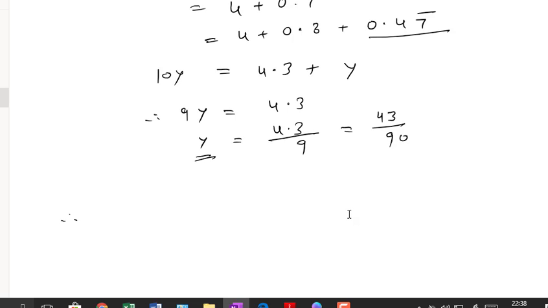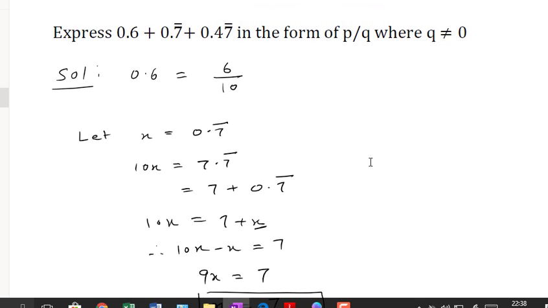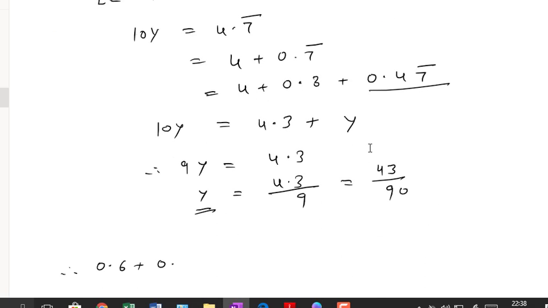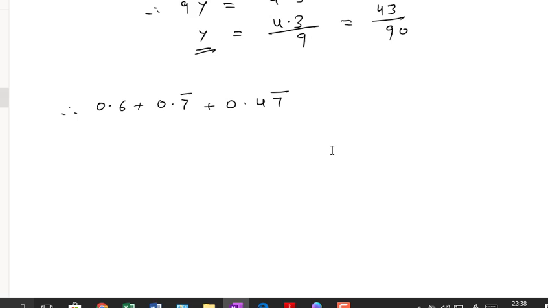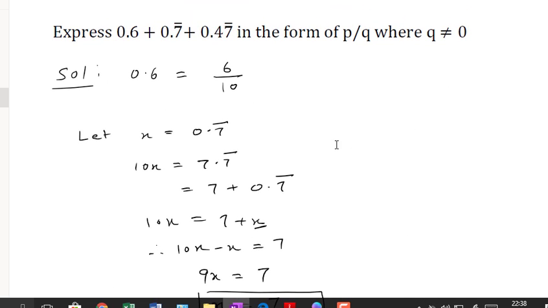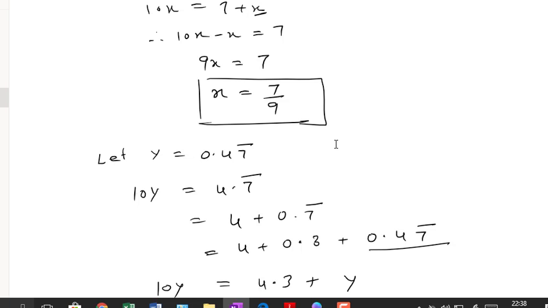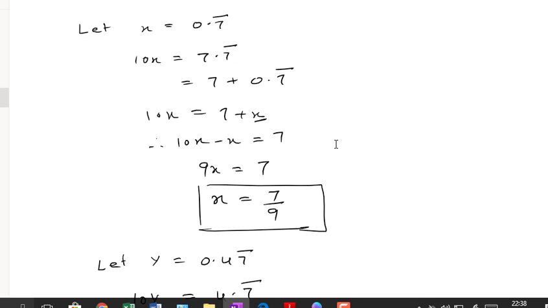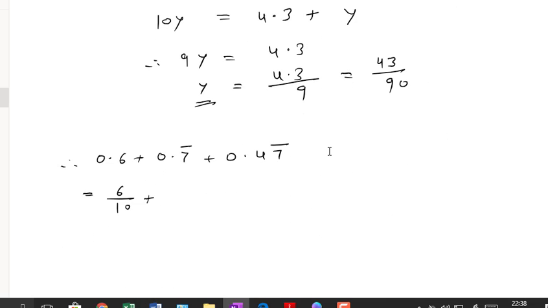So therefore the whole value, which is 0.6 plus 0.7 bar plus 0.47 bar, will become equal to 6 upon 10 plus 0.7 bar, which is 7 upon 9, plus 43 upon 90.